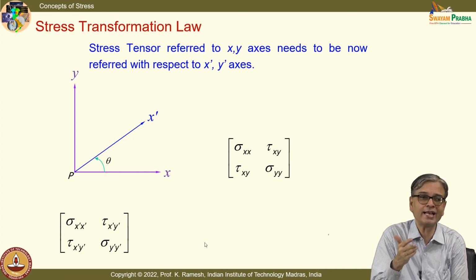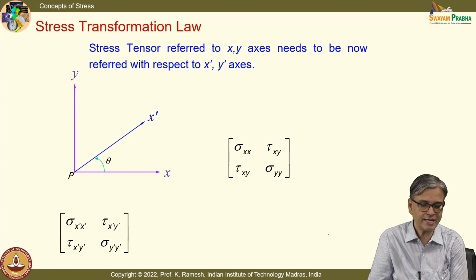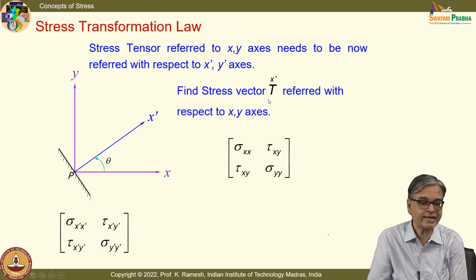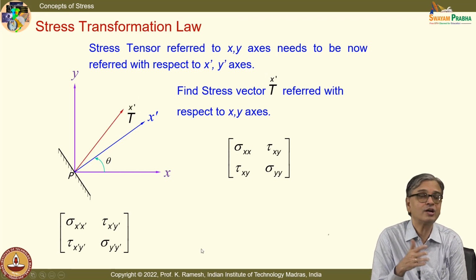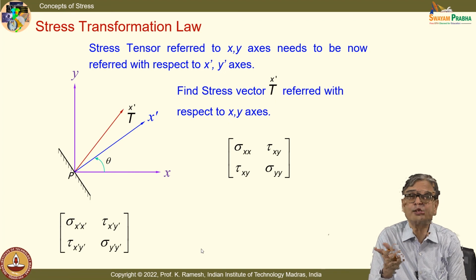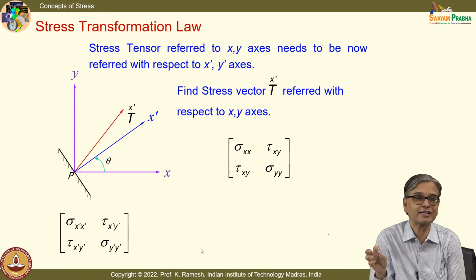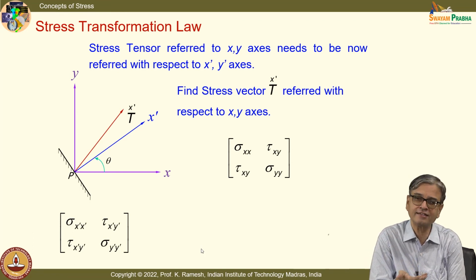I want to get the stress vector on the x prime plane. What is Cauchy's formula? I have to multiply by the direction cosines. The direction cosines are very clear here, cos theta and sin theta.